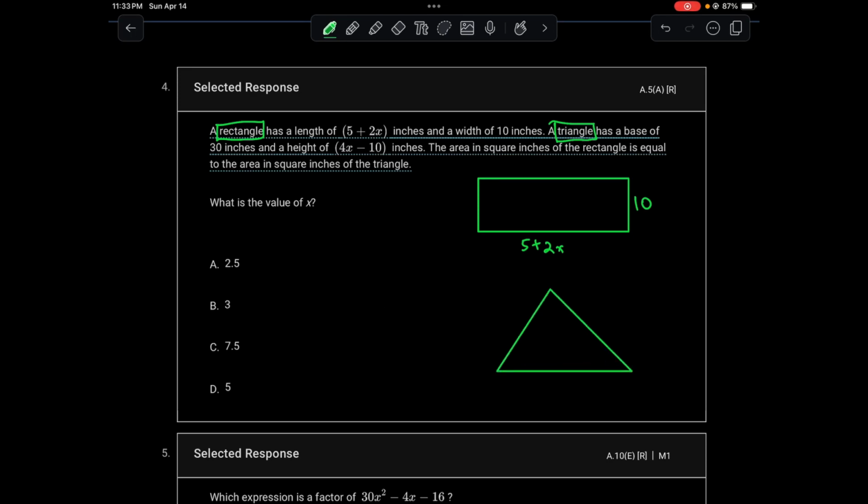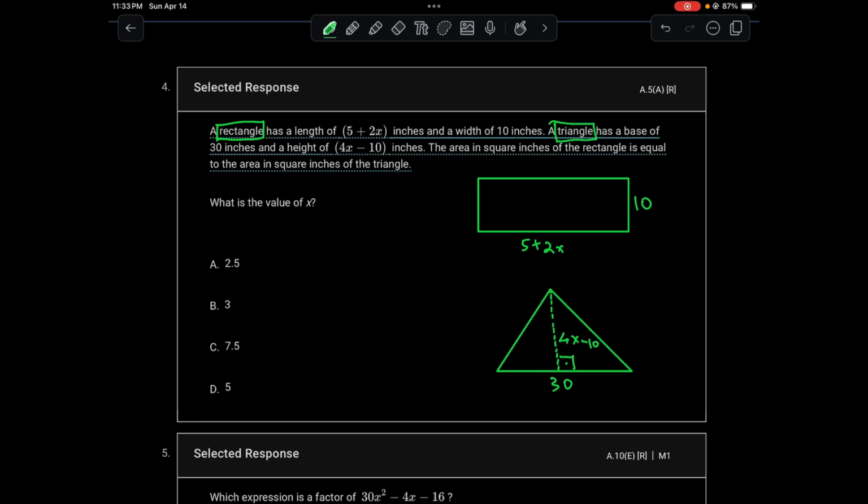Okay, so that's a triangle. It has base 30 inches and height. What's the height now? To find the height, go from the vertex that's opposite to the base and draw a perpendicular line. So this is 90 degrees. Okay, the length of this height is 4x minus 10.